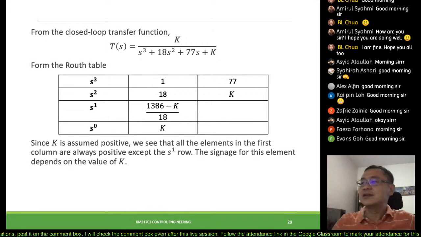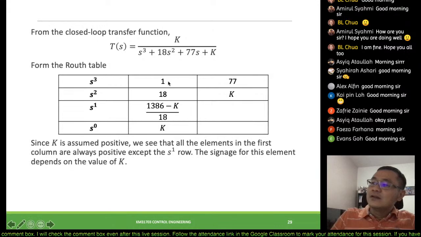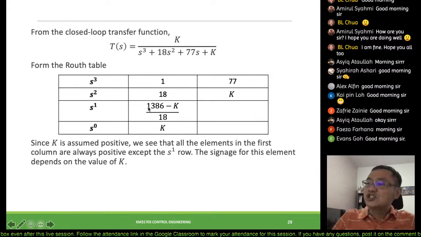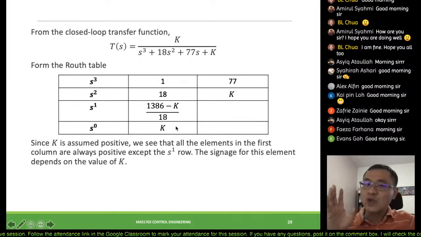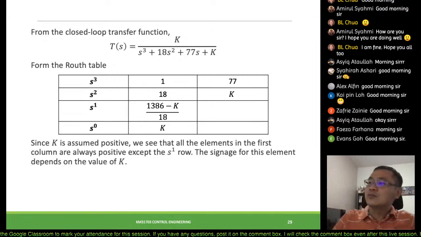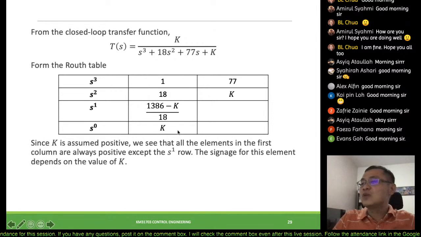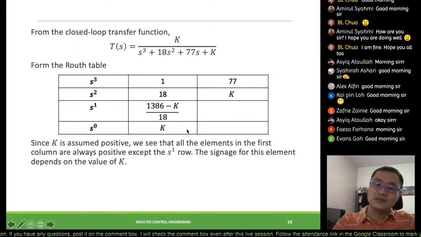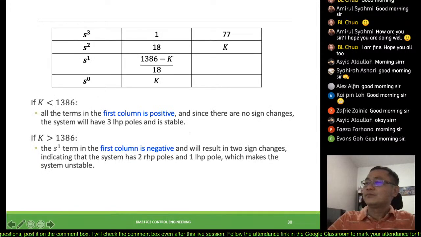That is the main criterion, meaning to say, if this is positive, this should be positive, and this too should be positive as well if we want it to be stable, right? So this value must be positive, this value must be positive, okay? It's very easy, right?